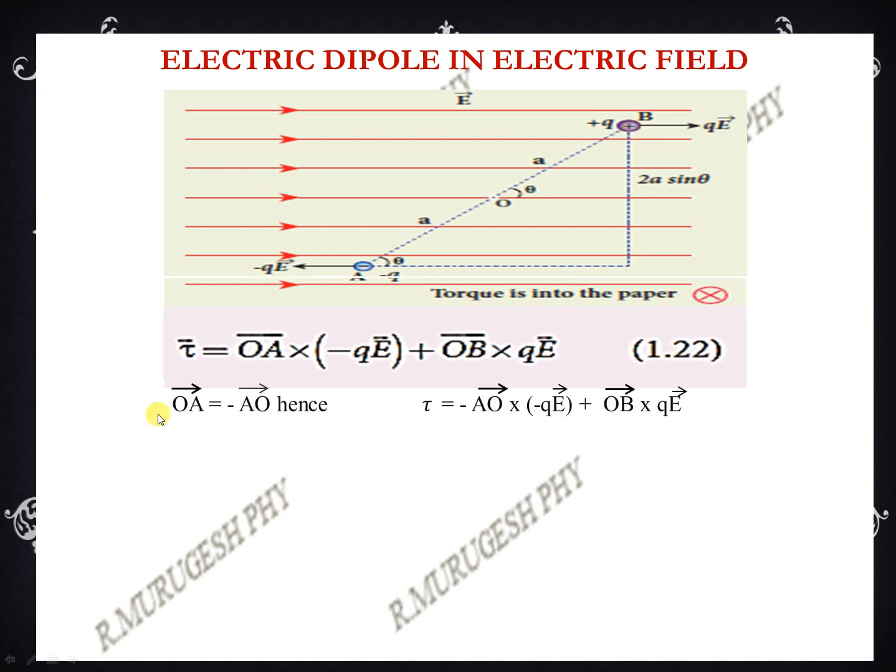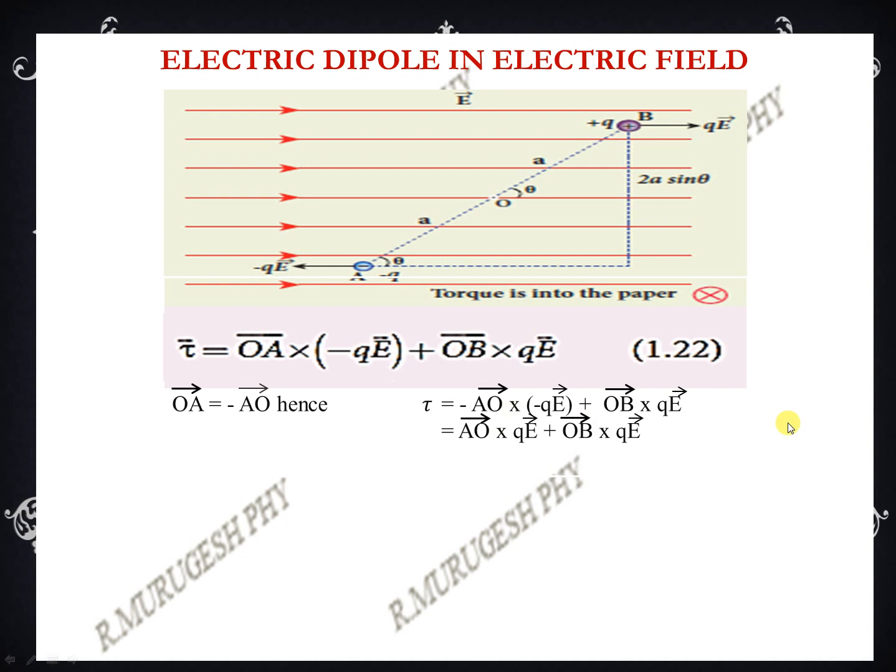Now, you know friends, OA vector is equal to minus AO vector. So instead of OA vector, we'll put here minus AO vector, followed by the second term as it is. Now you see here, here's a minus, here's another minus, minus into minus will become plus.